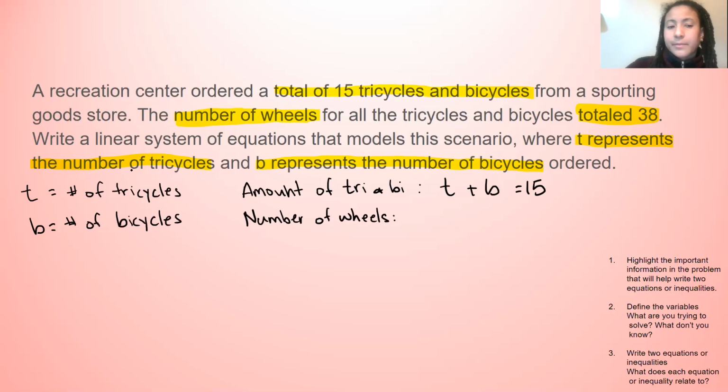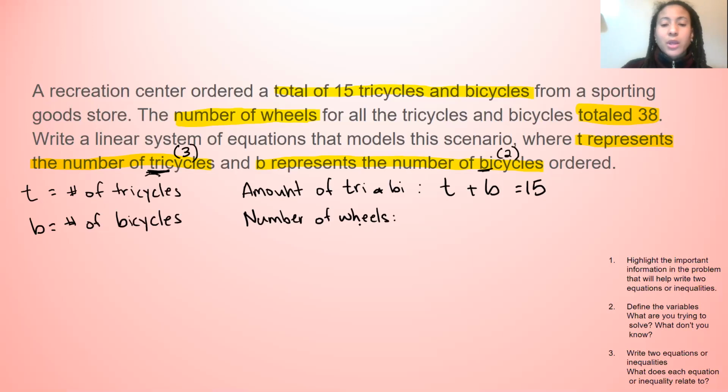What word do you see there? Tri. And that tells us we have 3 wheels. So I'm just going to write 3 up here, okay? And then for bicycles, how many wheels does a bicycle have? I hope you guessed it, 2 wheels, okay?